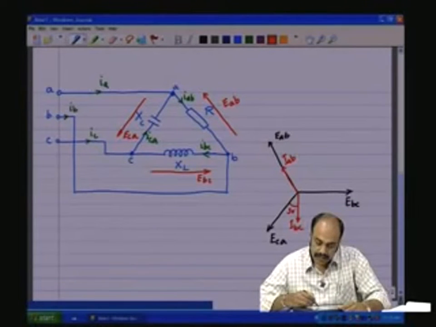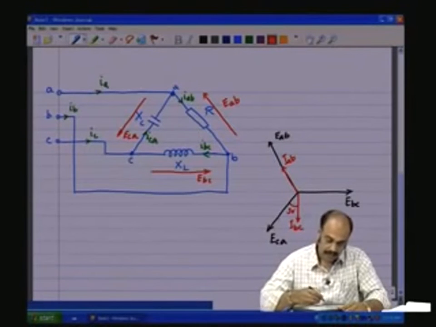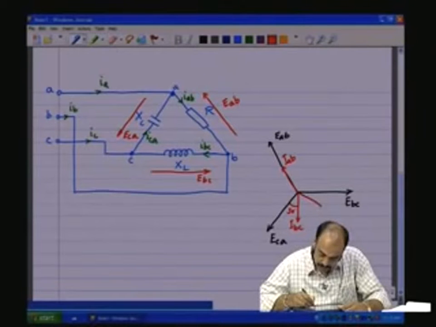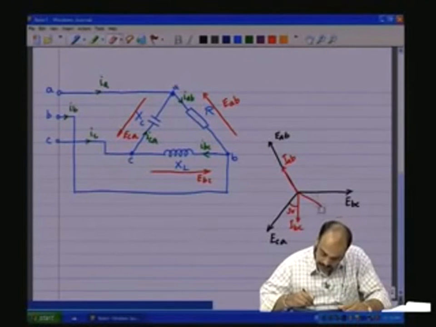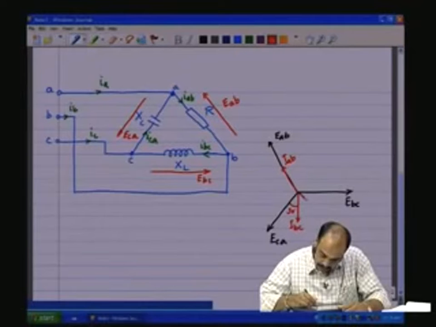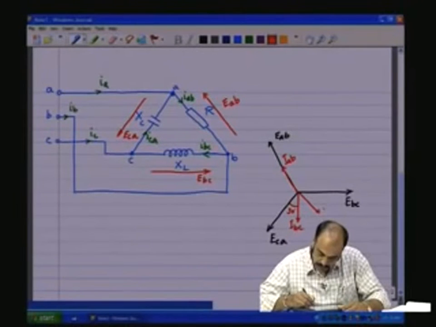So, the current has to lead ECA, and therefore we shall draw a phasor which is 90 degrees to this ECA, and that will be ICA.